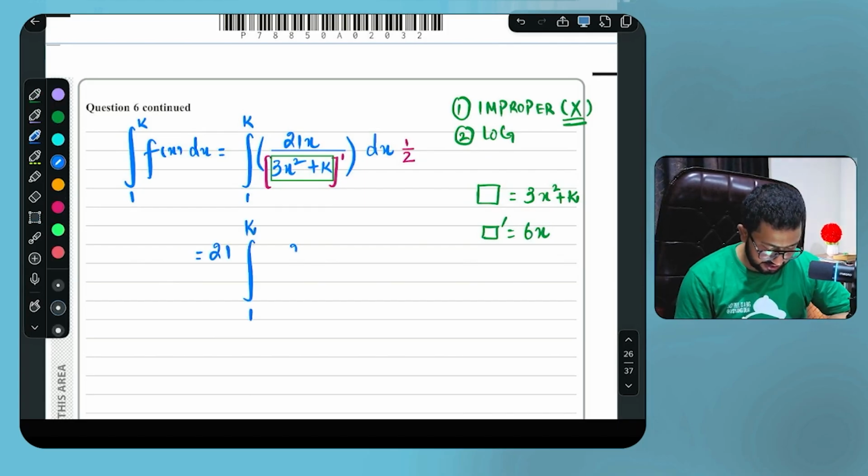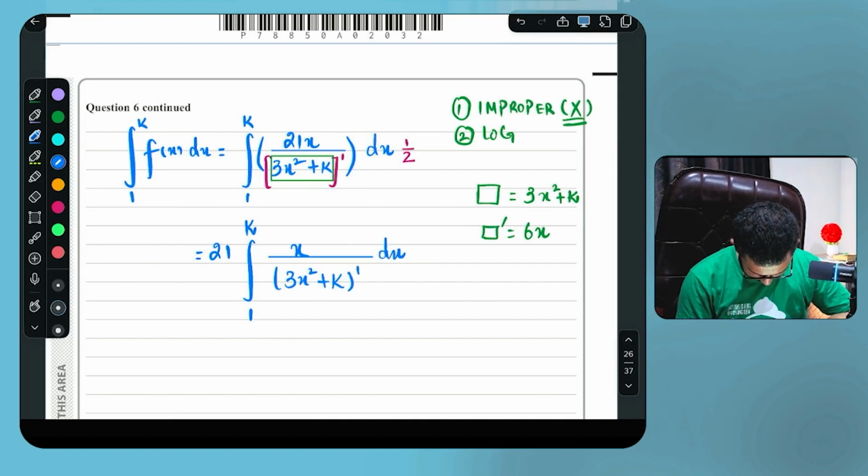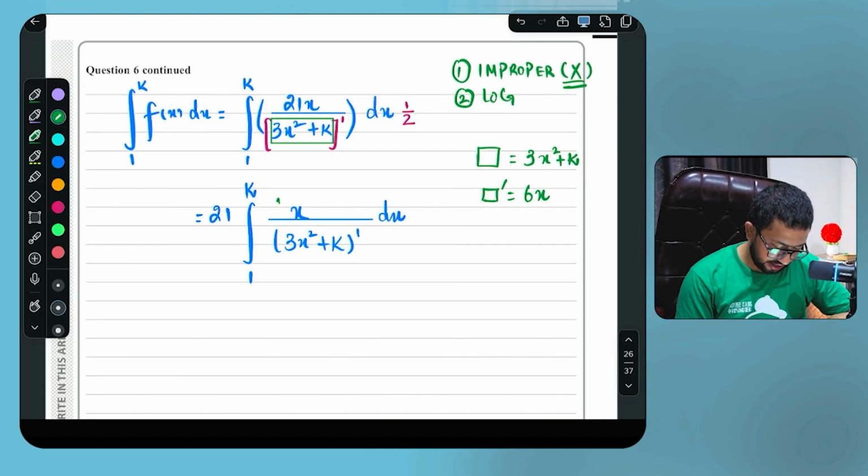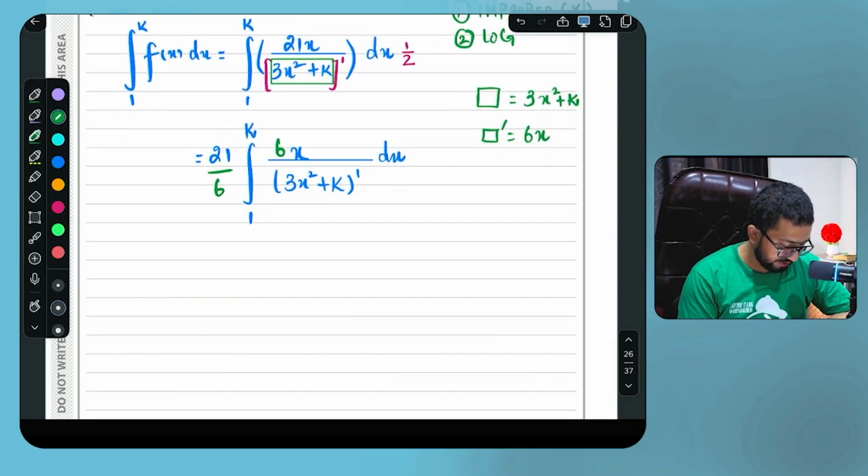So can I shift 21 outside the integration? x over. So what can I do? I have to multiply by 6 and divide by 6. Now the derivative of the box is present in the numerator. Can you see?